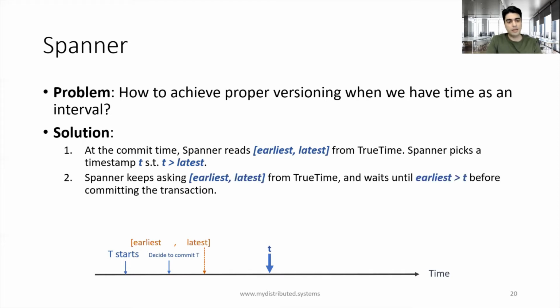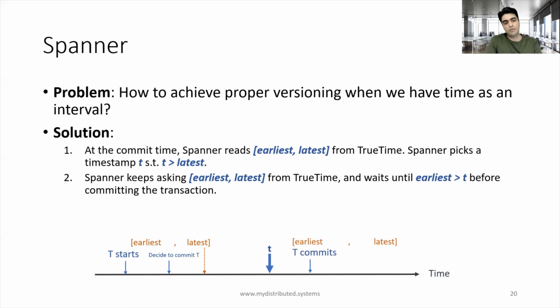Then Spanner keeps asking for earliest and latest from TrueTime and waits until earliest is larger than the timestamp that it has picked for the transaction, before committing the transaction and returning success to the client. So it keeps asking, and once the earliest goes higher than the timestamp, it commits the transaction at that point and returns success to the client.